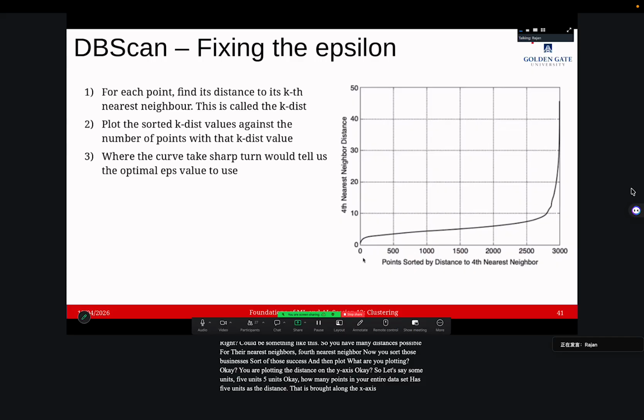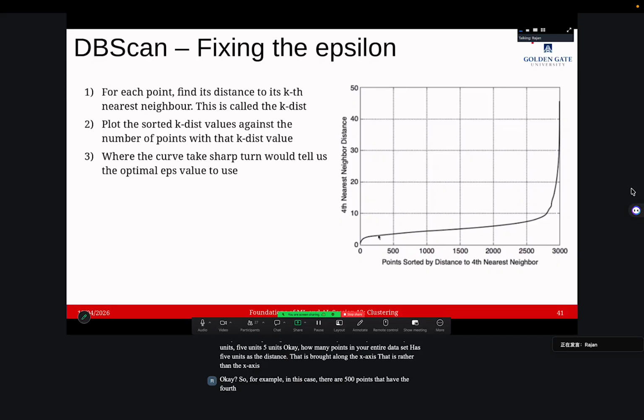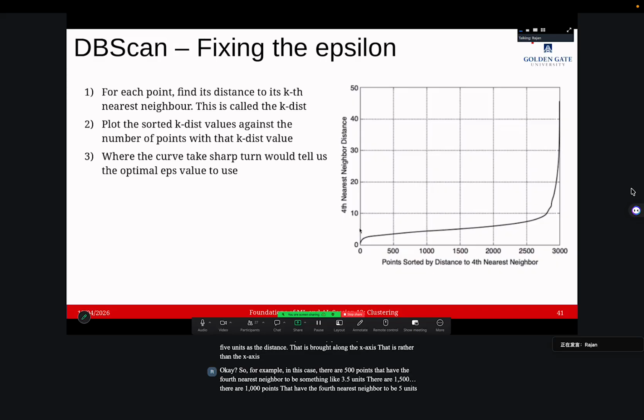So for example, in this case, there are 500 points that have the fourth nearest neighbor at something like 3.5 units. There are 1,000 points that have the fourth nearest neighbor at 5 units. So something like that.